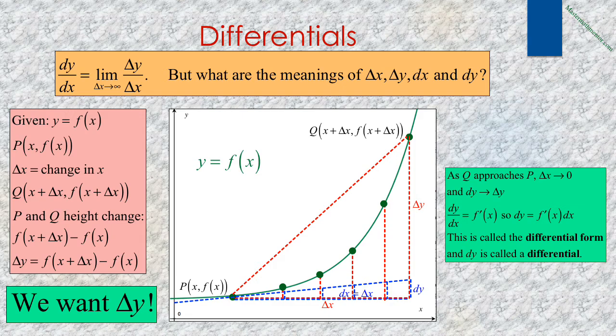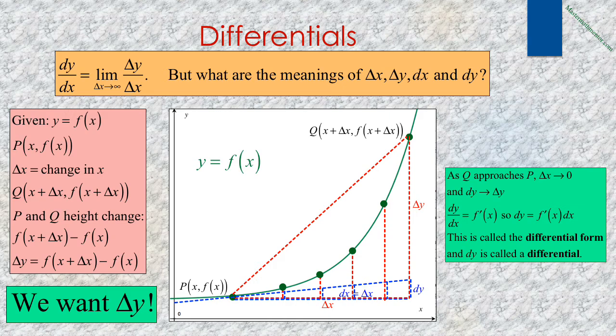Notice that as Q gets closer to P, there is not much of a difference between delta y and dy. So we can say that when delta x, which is dx, gets small, dy becomes a good approximation for delta y. Why is this significant?